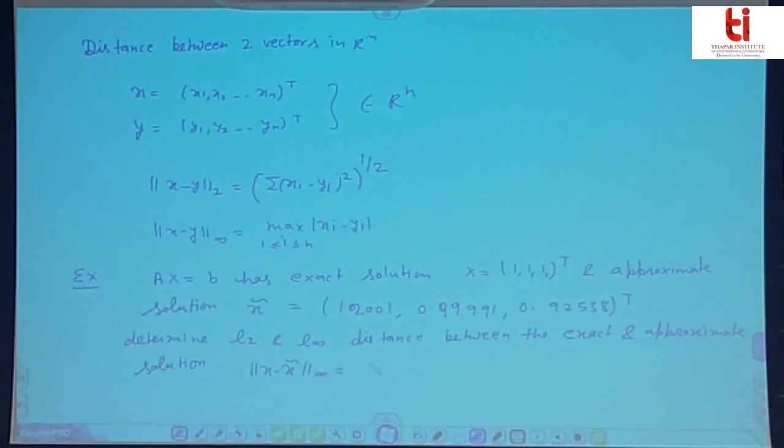That will be maximum of 1 minus 1.2001, 1 minus 0.99991, and 1 minus 0.92538. The value is coming out to be 0.2001. You can verify it by yourself.